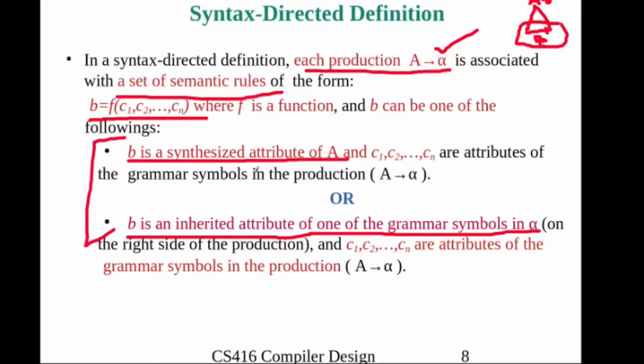So here we have to define what the attribute is, find the semantic rule for evaluating the attribute, and attach the semantic rule to the production. This is what a syntax-directed definition is. So a context-free grammar with a few more pieces of information is a syntax-directed definition.